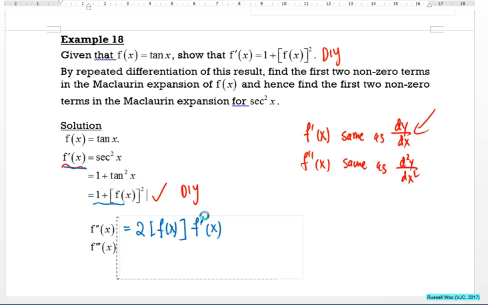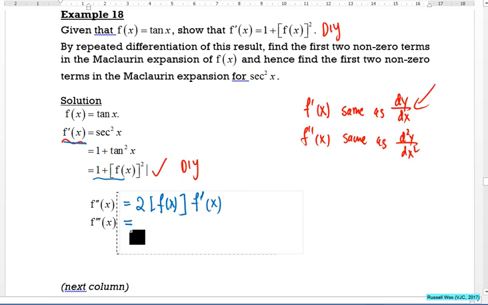Now, let's look at the question. Repeat the differentiation. We're going to differentiate this one more time. How do we differentiate this? Be careful, okay? If I let you all do it, maybe it takes a long time, so I'll do it. This is made up of a product of two functions, this one and this one.